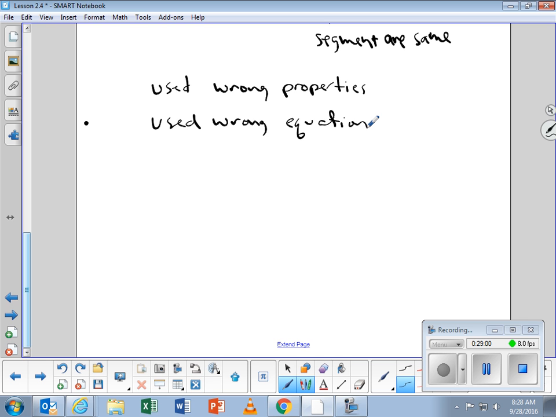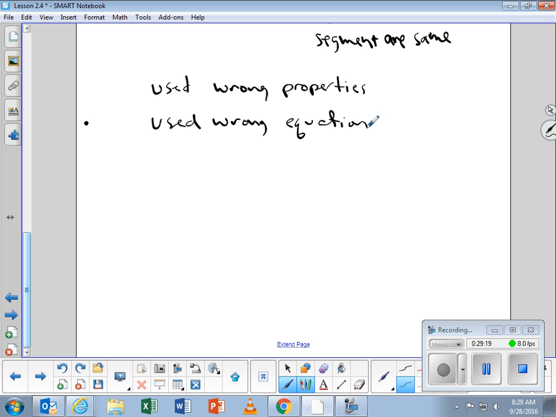How do you think they got the wrong equation? They didn't know what AC was. Didn't know what AC was? Okay. Did I see another hand up over here? Jacob? They could have solved to try and make X to make both the lines the same.